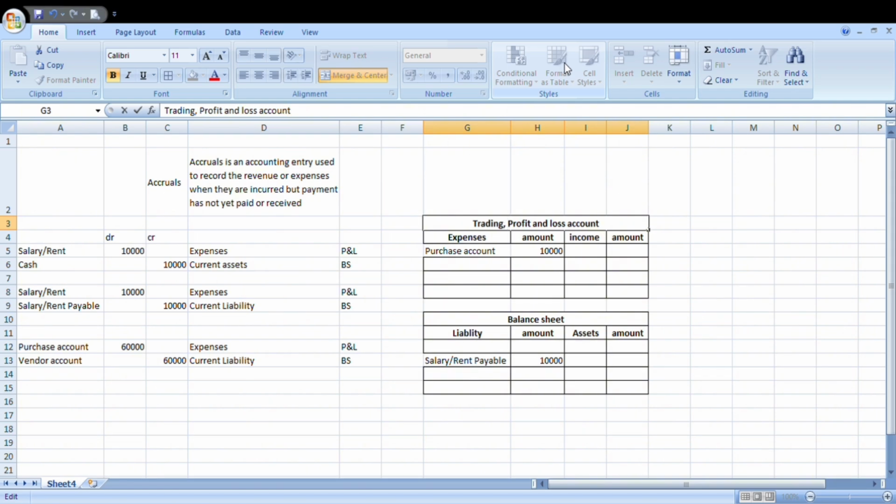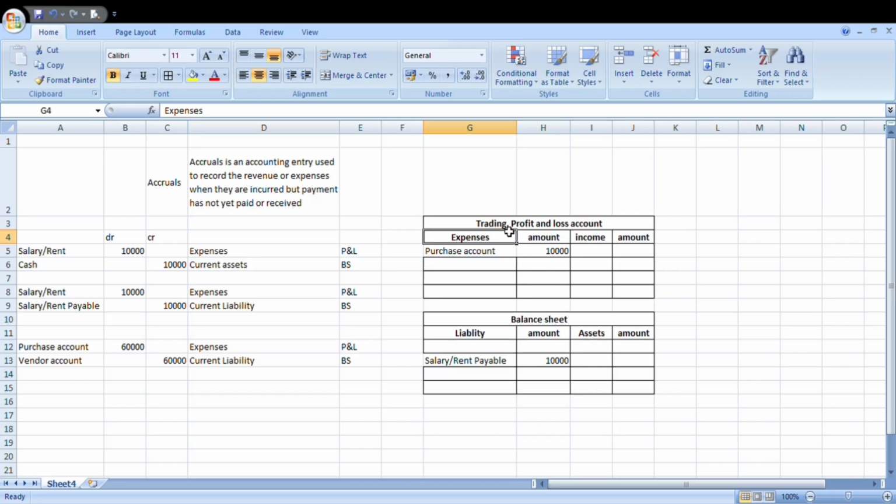Trading and P&L account. So the purchase account is 60,000, and payable means this is the vendor account, 60,000.